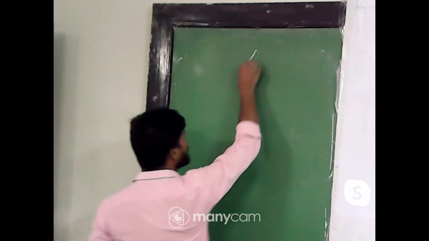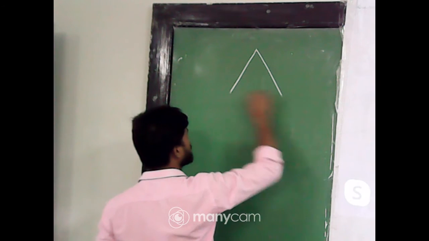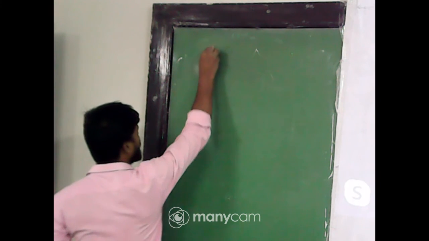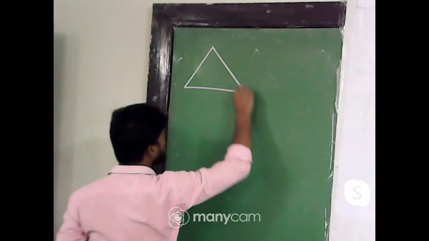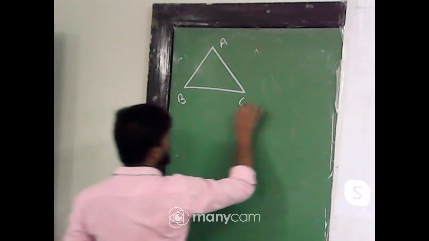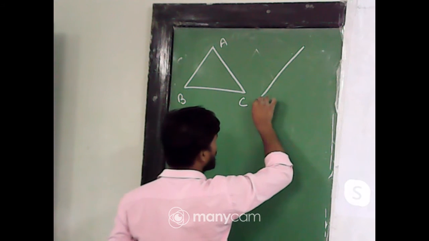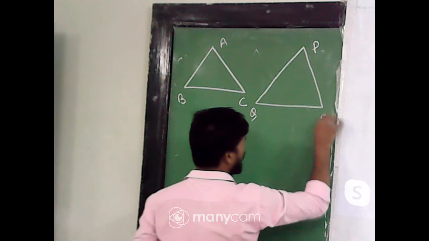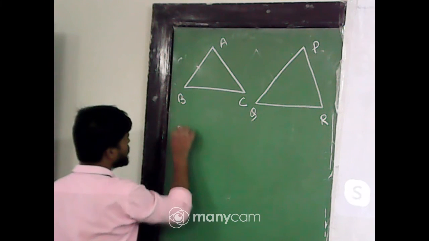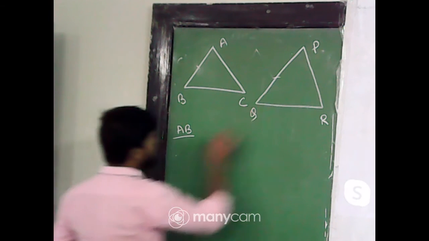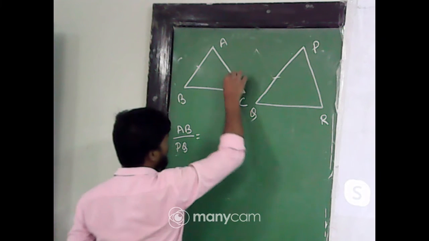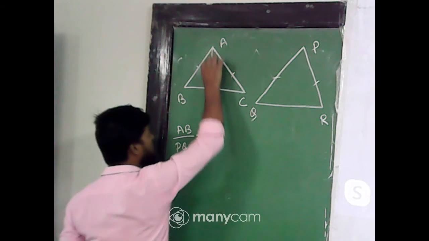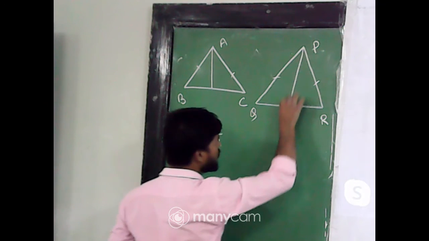So, draw a triangle ABC here, A, B, C and another triangle PQR, P, Q, R such that the side AB is proportional to side PQ, side AC is proportional to the side PR and the median AD is proportional with the median PM.